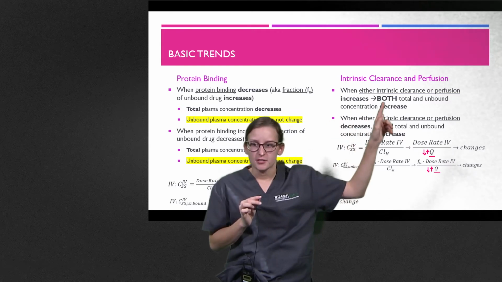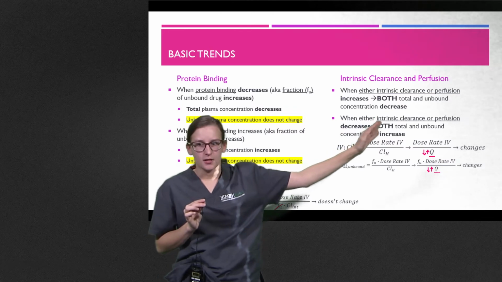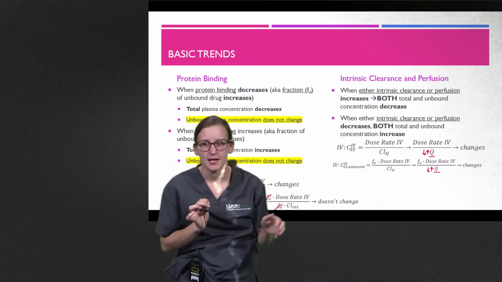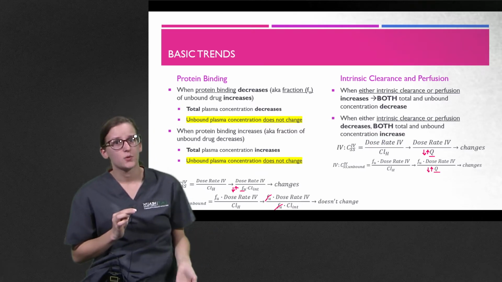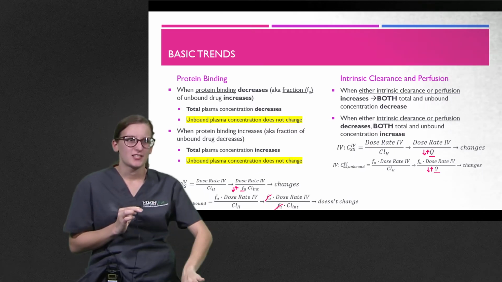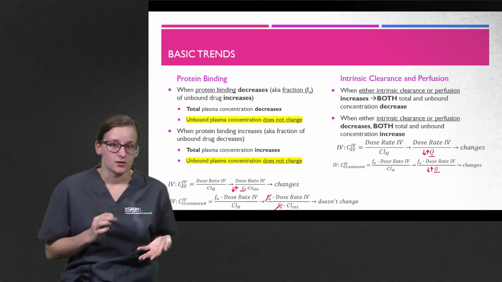When intrinsic clearance or perfusion increase, both total and unbound concentrations decrease. This is because if we're intrinsically clearing a drug, we're just removing it. So if we increase that clearance, we're increasing the removal of that drug. It doesn't matter if it's bound or total, it's going to decrease.